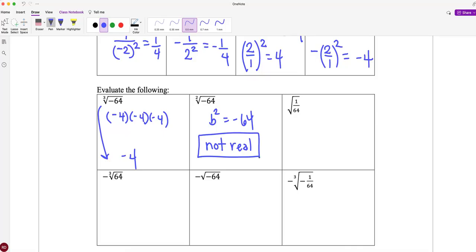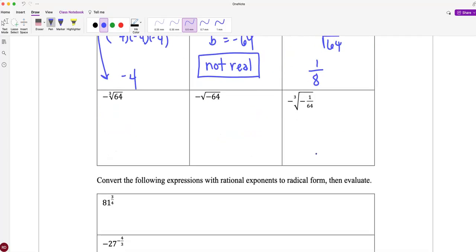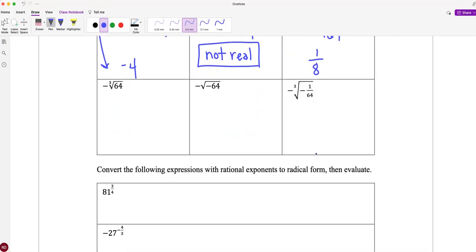The square root of 1 over 64, this is just the square root of 1 over the square root of 64, which is 1/8. Negative of the cube root of 64, the number you multiply 3 times and get 64 is 4. This is just negative 4. This one, the square root of negative 64, we've determined that is not real. So I cannot take the square root of a negative number.